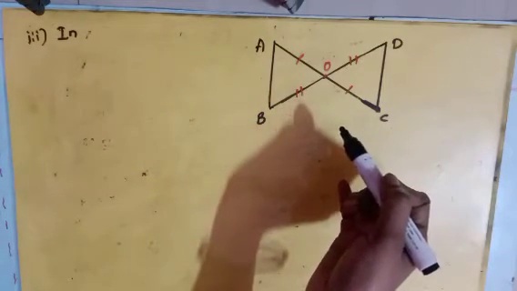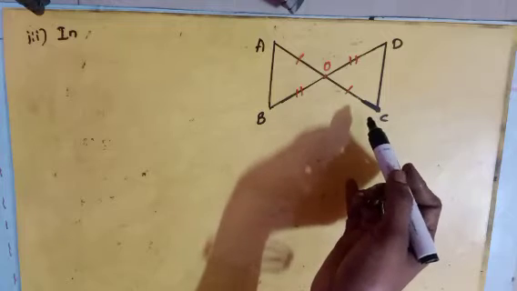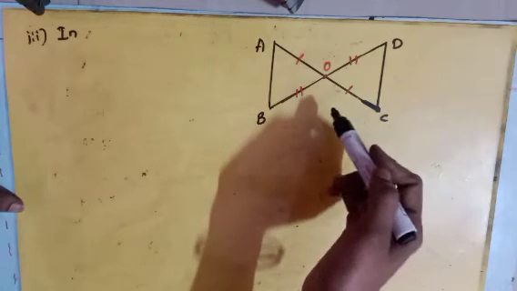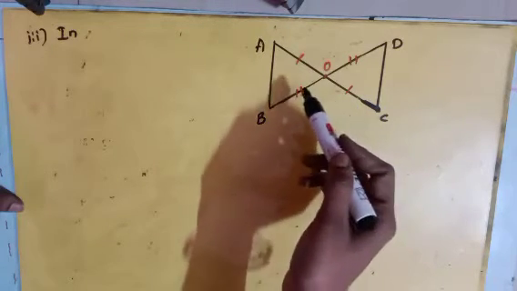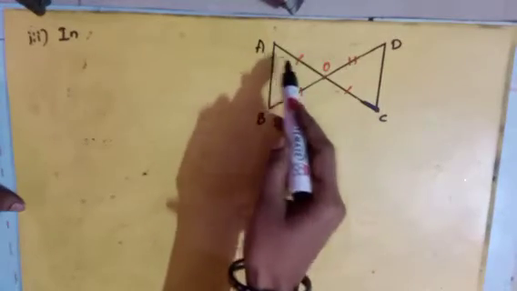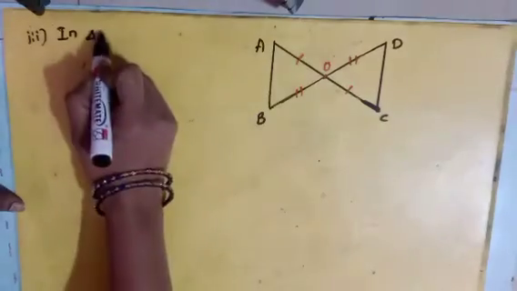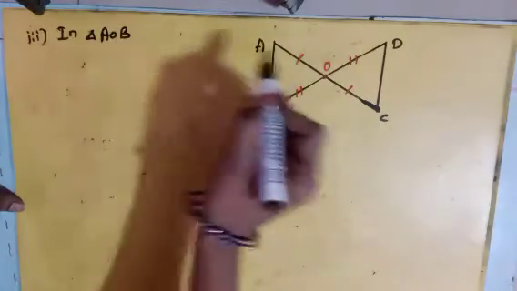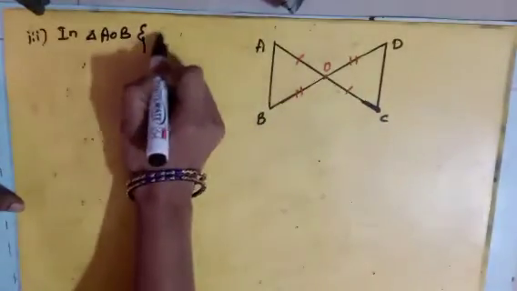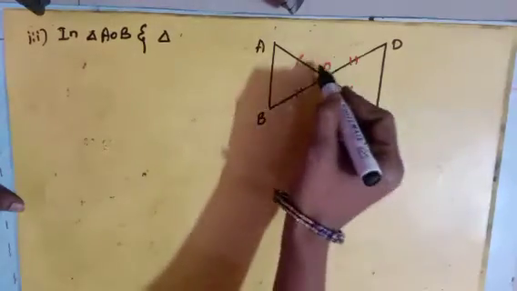Here, third question. See the figure. In this figure also we can see two triangles. In triangle AOB, the first triangle is triangle AOB, and another triangle is COD.